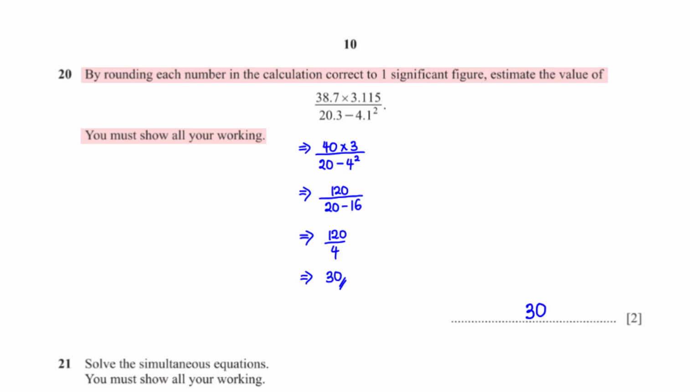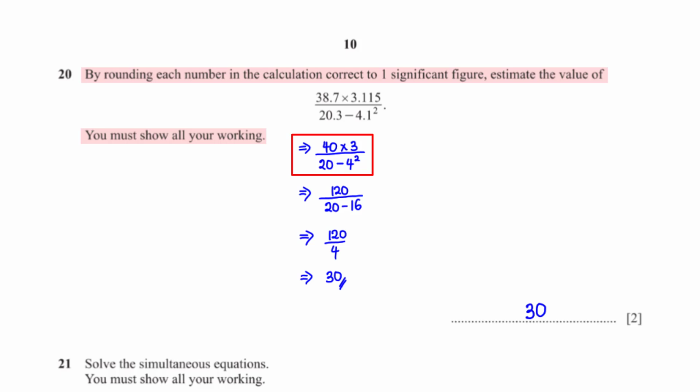For 38.7, the first significant figure is 3. The number after 3, which is 8, is greater than 5. So we add 1 to 3, giving us 4. And the numbers after 3 become 0. So 38.7 becomes 40. For 3.115, the first significant figure is 3.